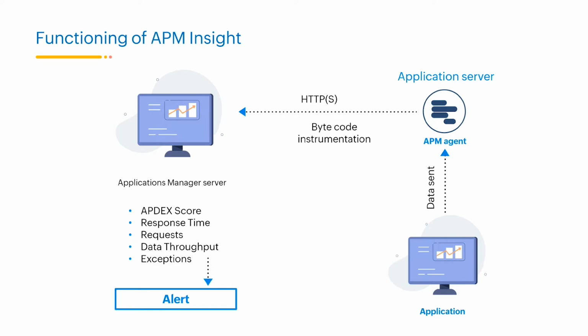The tool provides code-level visibility and monitors slow database queries and performance by capturing real-time user interaction with the application. You can then configure the alerts and notifications based on the predefined thresholds for the metrics that impact the performance of the application.